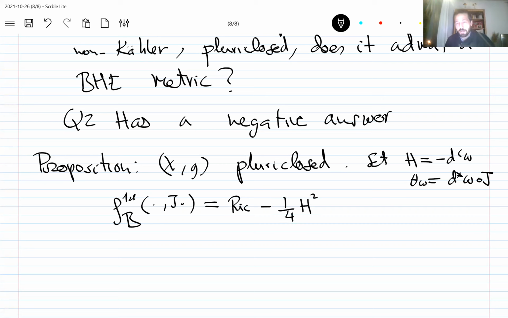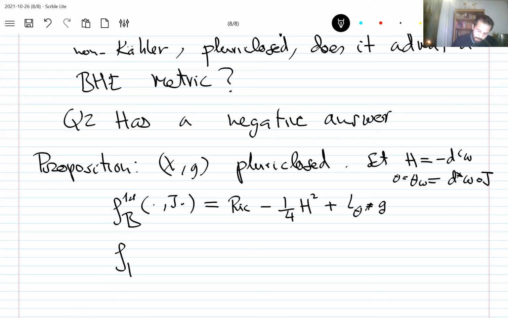so this is the symmetric tensor which appears in the generalized Ricci tensor, plus L theta sharp, where theta is the Lee form of g.